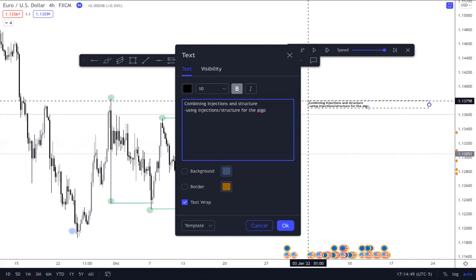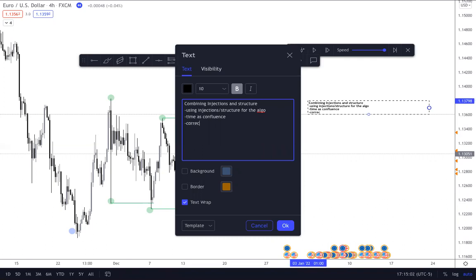We're going to go over time as confluence. Once we get into this, we're also going to go over correct session timings. We're also going to go over the daily cycle. That's what I want to focus on.